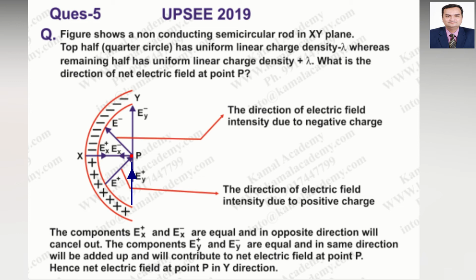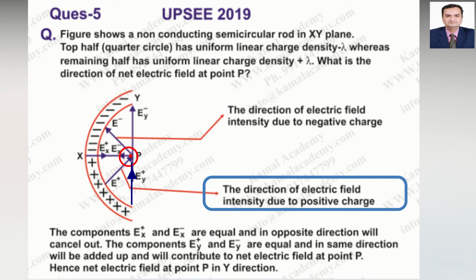The positively charged quarter circle exerts an electrostatic force of repulsion on positively charged test charge placed at point P. As a result, the electric field intensity at point P due to positively charged quarter circle is in the direction of E positive, which is the direction of electrostatic force of repulsion.